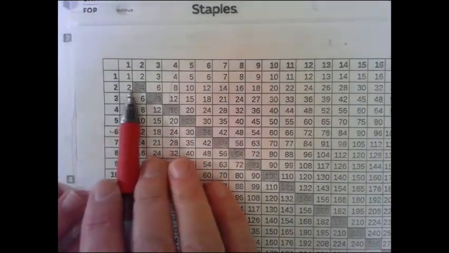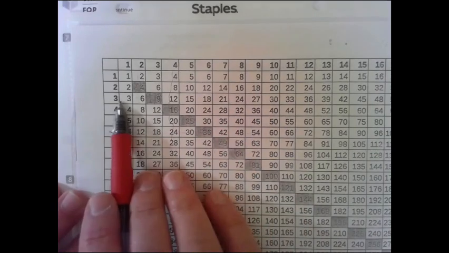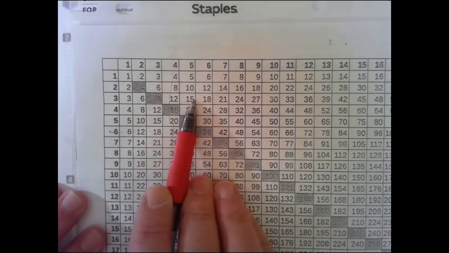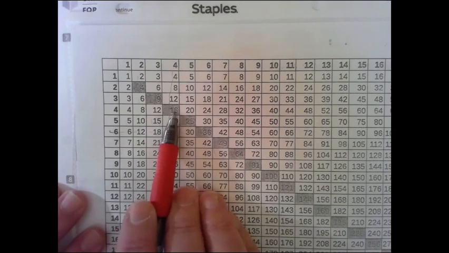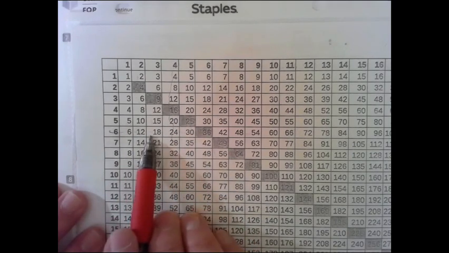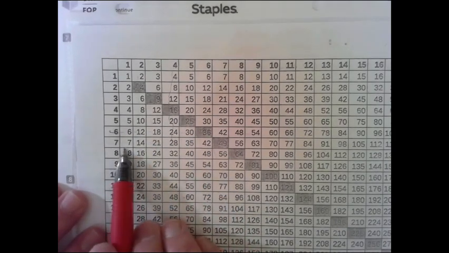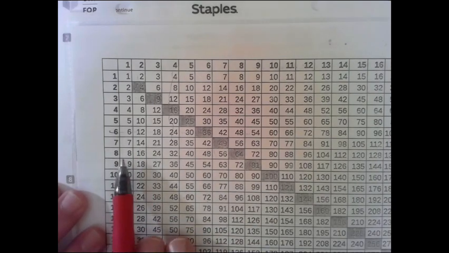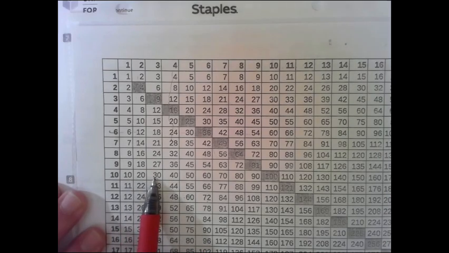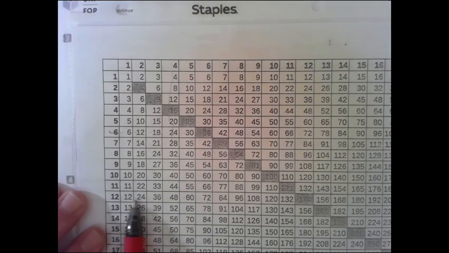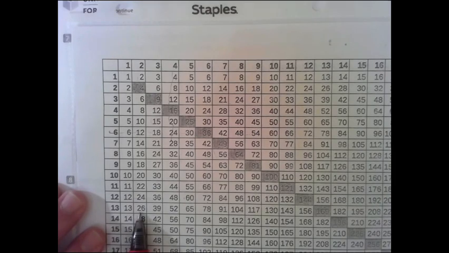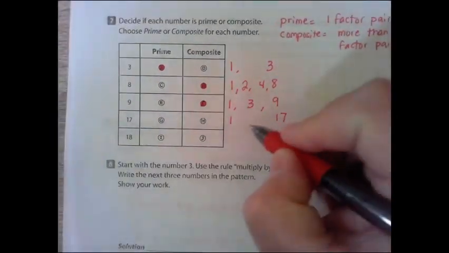If I go 2, I go across, I don't see 17. 3, I see 12, 15, no 17. 4, nope. 5, no 17. 6, no 17. 7, no 17. 8, 9, there's no 17s here. 10, 11, 12, 13, no 17s. It is a prime number because the only factor pair is 1 and 17.